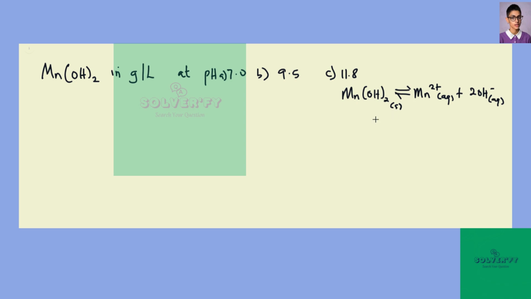This is solid. So I'm going to do the 9.5 because 7.0 will be easy and 11.8 will be similar to 9.5.